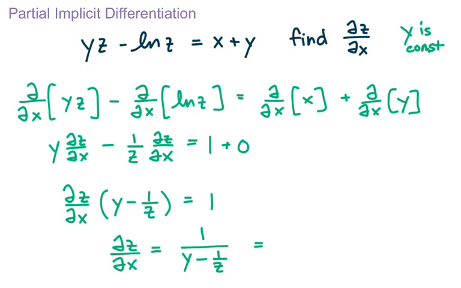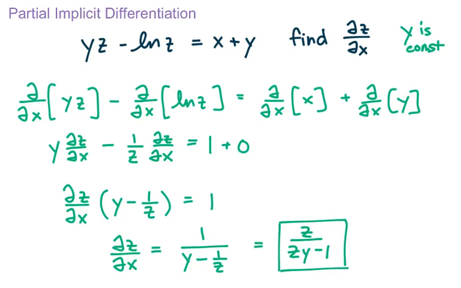And cleaning that up, multiplying by the LCD, that's z over zy minus 1. So implicit differentiation works the same way. You just need to consider which variable is independent, which one is dependent, which one's your x independent, and which one's your y or f of x, the dependent variable, and then what variable is going to be a constant.